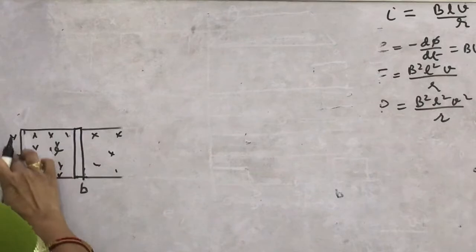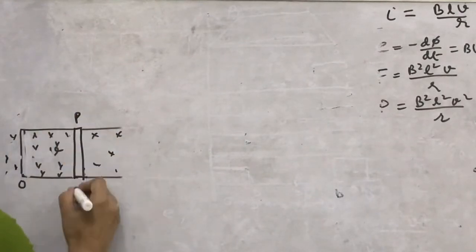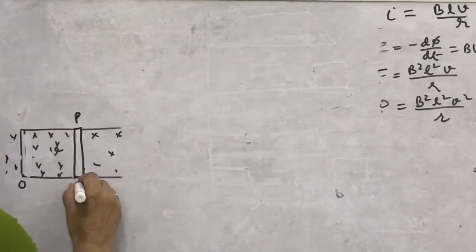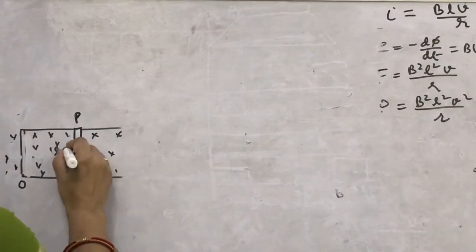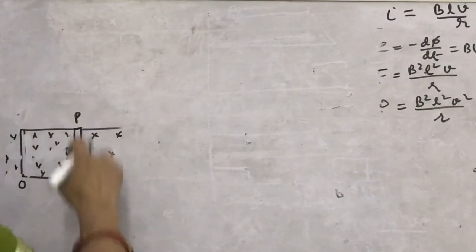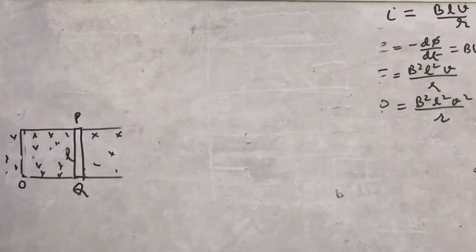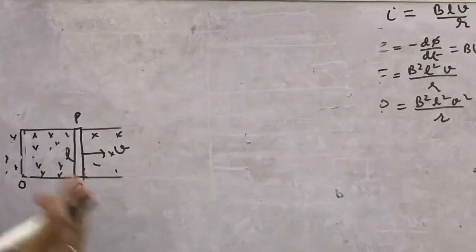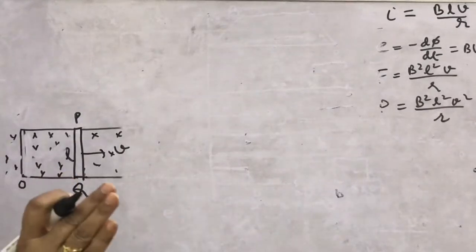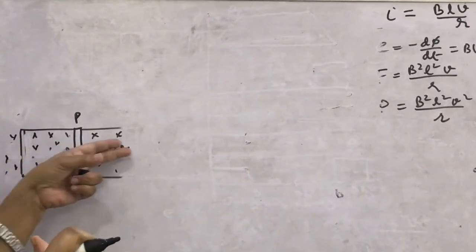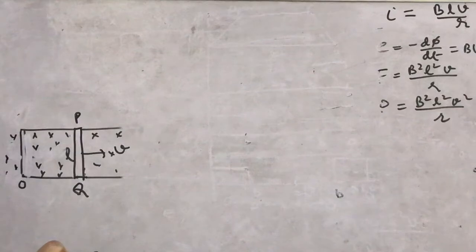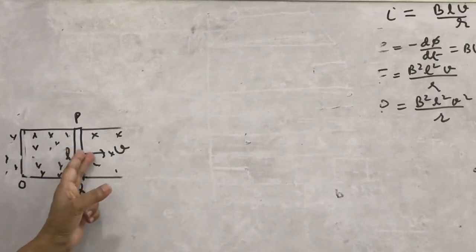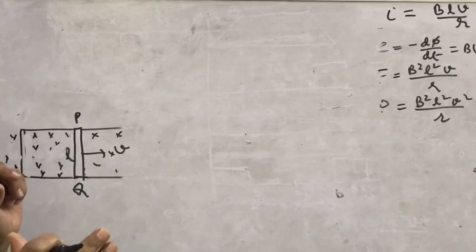This is the rod PQ of length L and resistance R. It is moving with constant velocity, and we have seen we have to apply a certain external force to maintain this constant motion. What will happen if you don't apply the force? After some time the rod will stop.